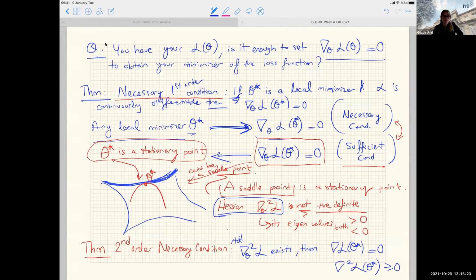I need now the sufficient condition. For any local minimizer, you see, the necessary condition goes this way: I'm already saying given theta star is a local minimizer, right? These conditions hold if the Hessian exists.